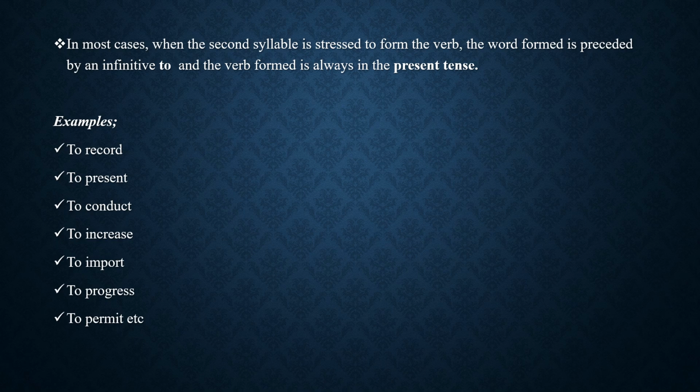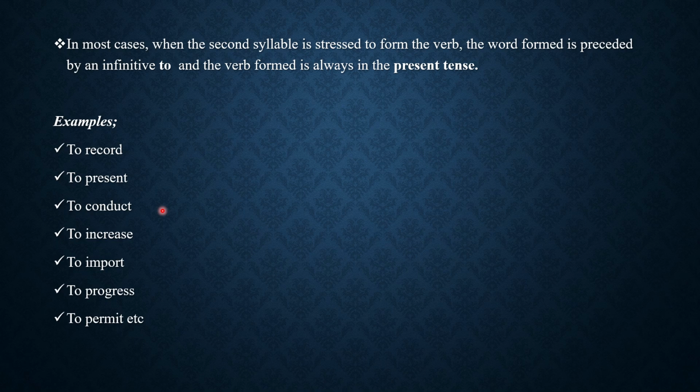I have examples here for you to see on my screen. You can have a look. You talk of to record, to present, to conduct, to increase, to import, to progress, to permit, and many others. The reason why we are saying that after the infinitive to, the verb that comes must be in the present tense is that when you change it into the past tense, it doesn't make sense.